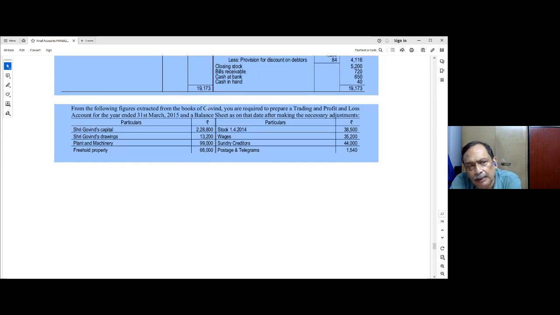Now we are coming to our next sum. From the following figures extracted from the books of Govind, you are required to prepare a trading and profit and loss account for the year ended 31st March and the balance sheet as on that date after making the necessary adjustments.